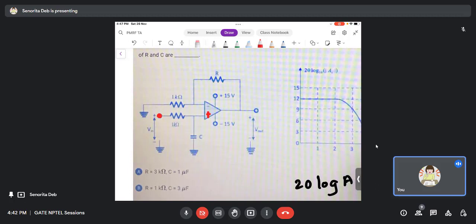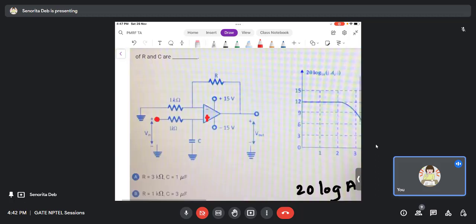So at DC, the capacitor will be open circuit. So this is an open circuit point here, and there is no current pushing here. Therefore, this Vin is nothing but this Vin because there is zero current from here. The op amp's terminal current is zero anyway, so current cannot go inside the op amp. So this is zero, and this one is also zero.